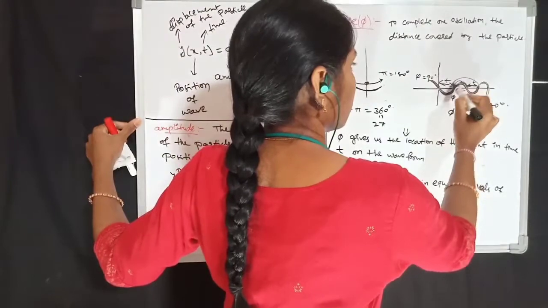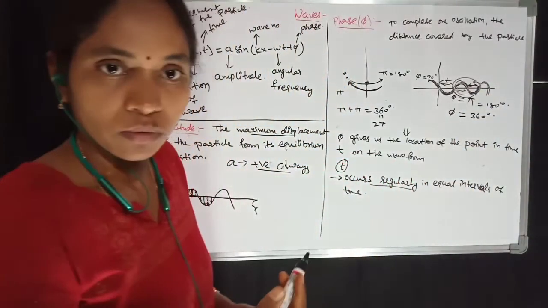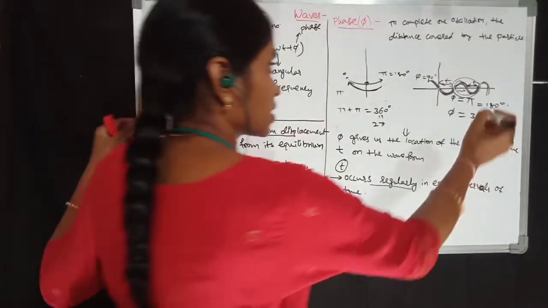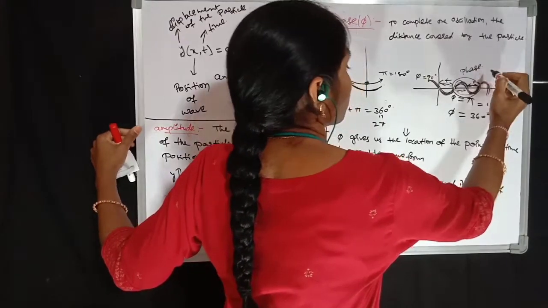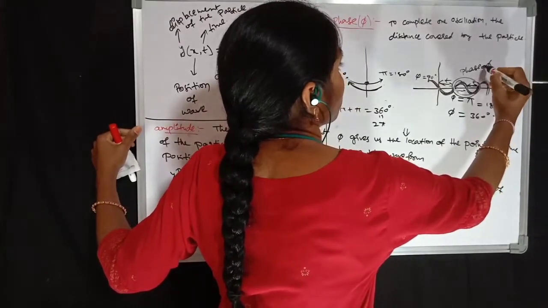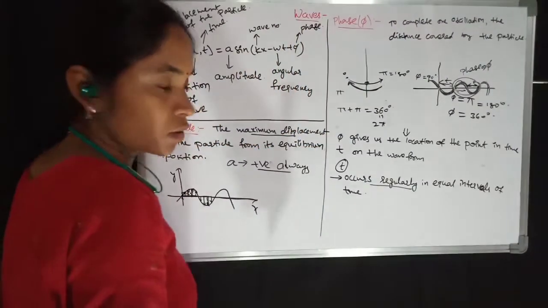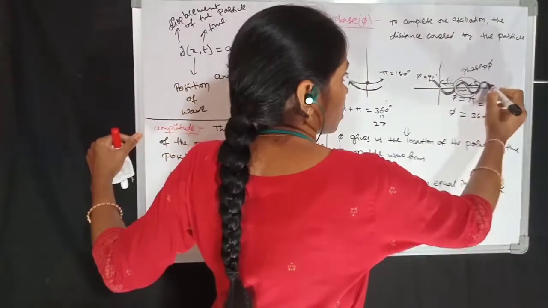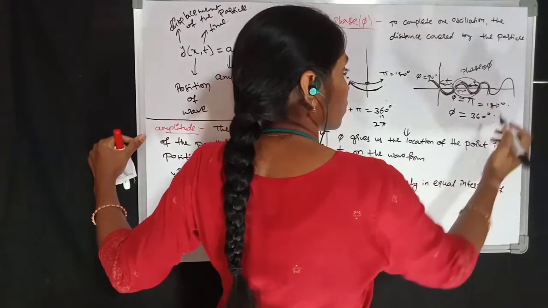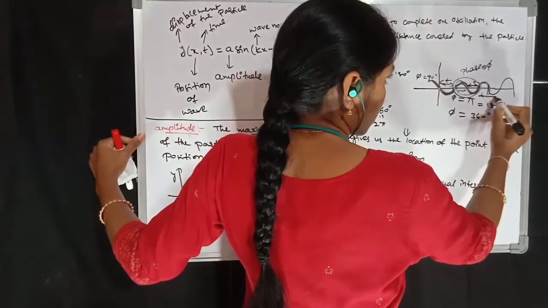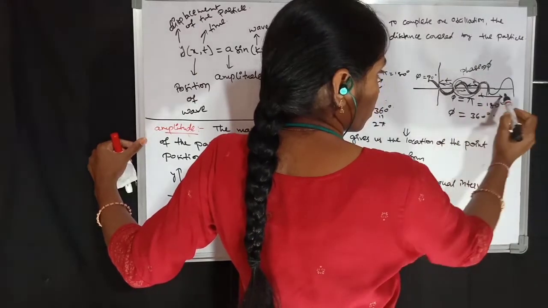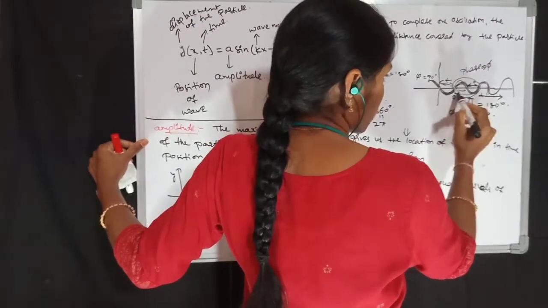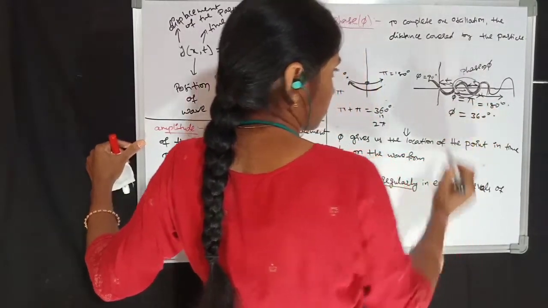This complete cycle is known as phase. And observe carefully that in equal intervals of time, phi remains constant.